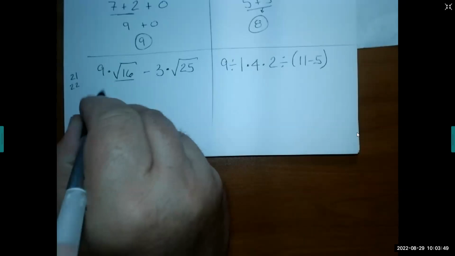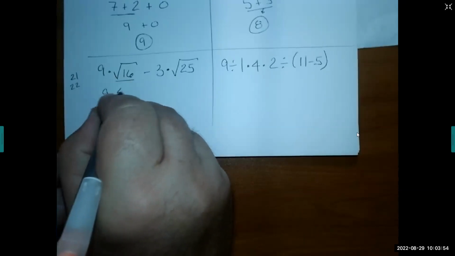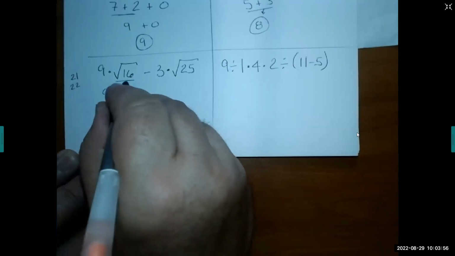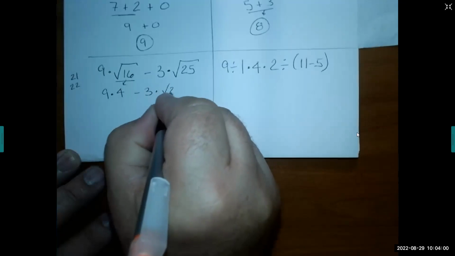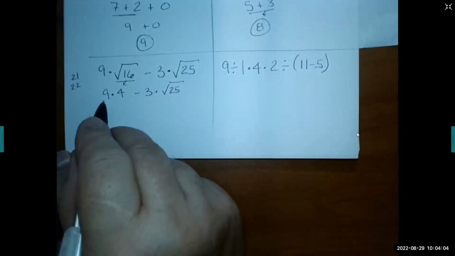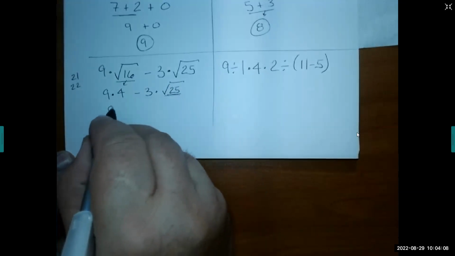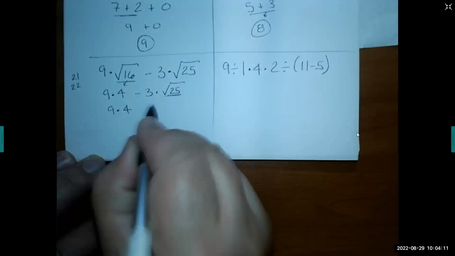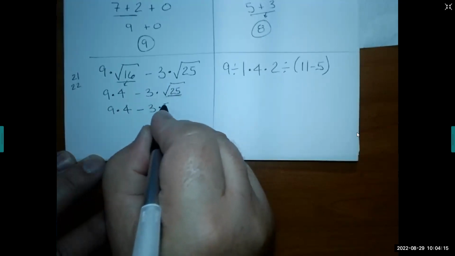Yeah, reading left to right, do the special operations first. Square root of 16, 4. Read left to right, special operations, yes, right here. Square root of 25, it's 5.